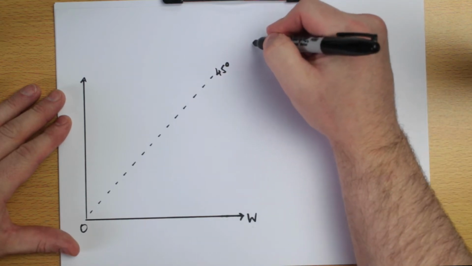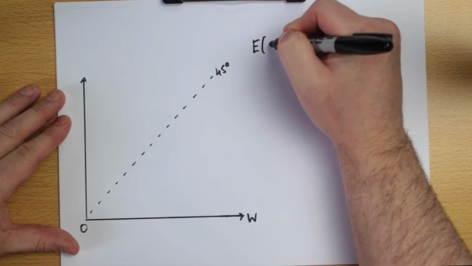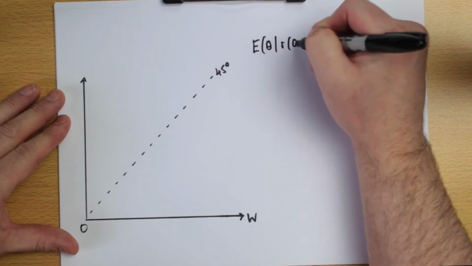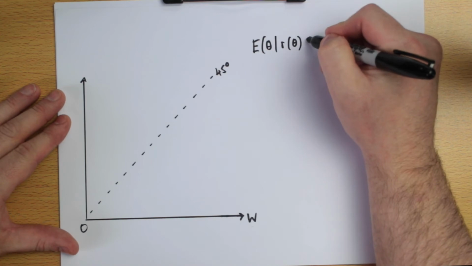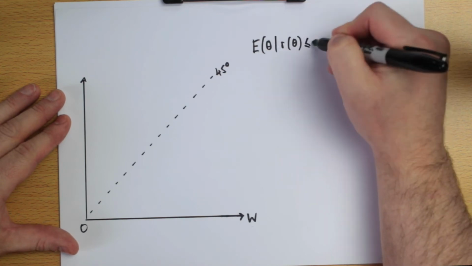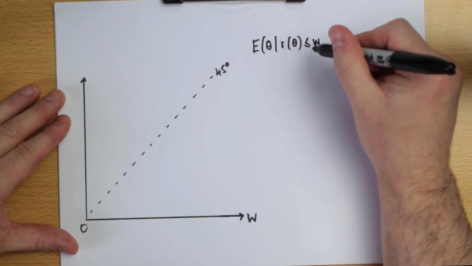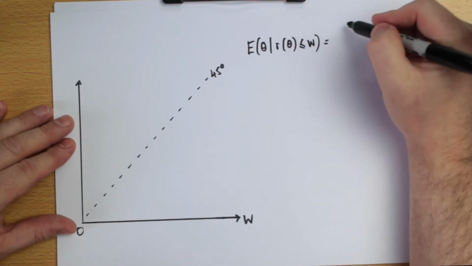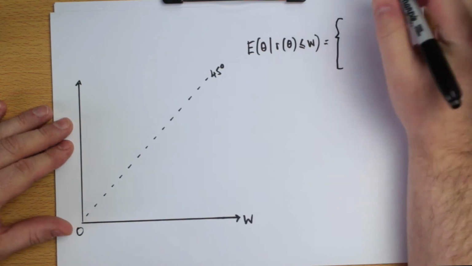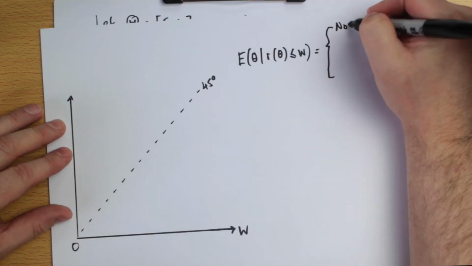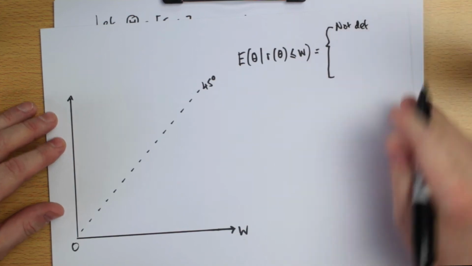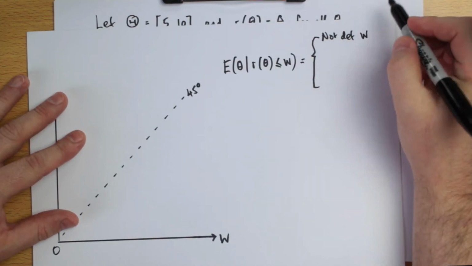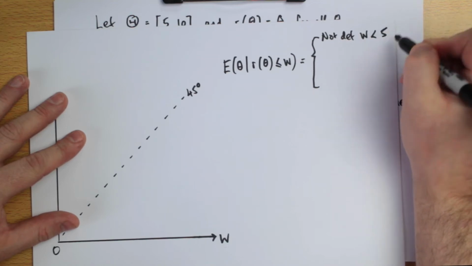If we remember what we just worked out, our expected productivity, or expected revenue, conditional on only those with reservation wages not exceeding the market wage coming to work, has 3 pieces. It's not defined if W is less than 5.